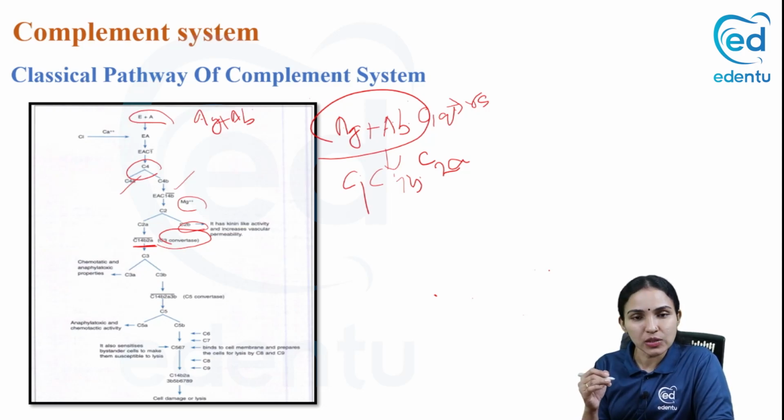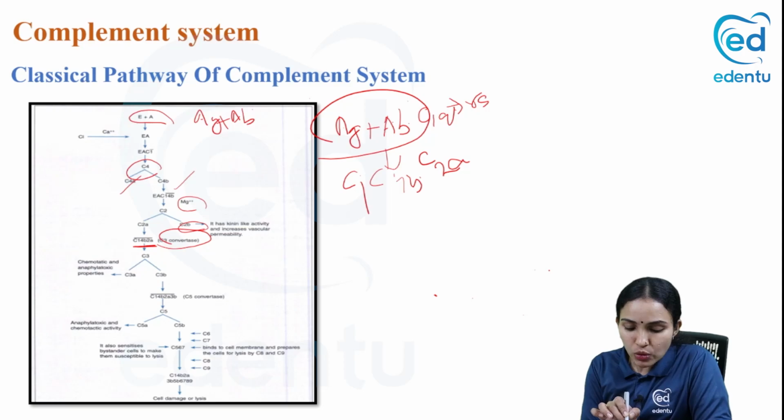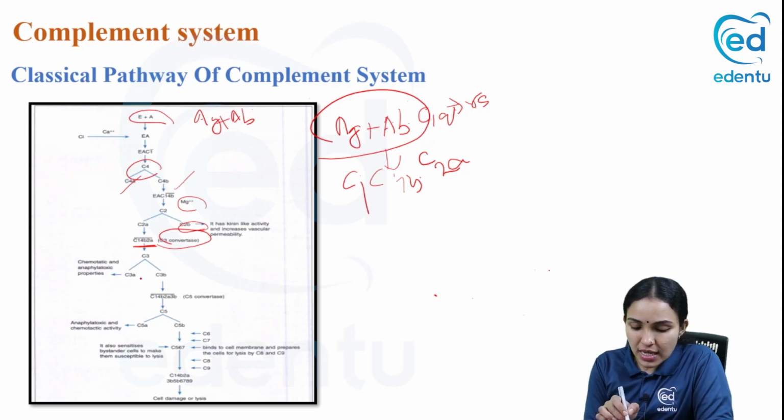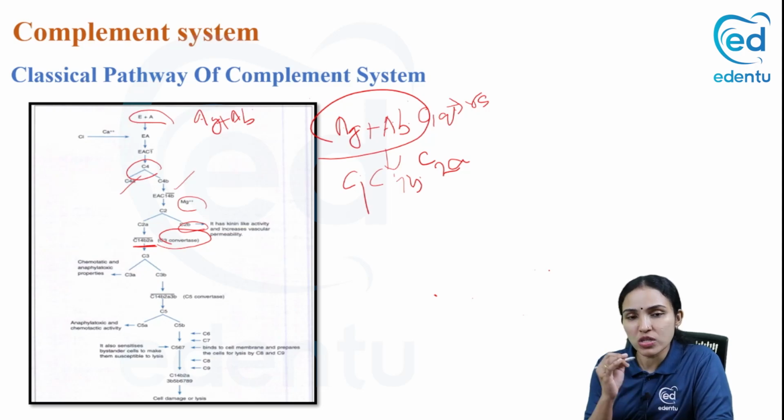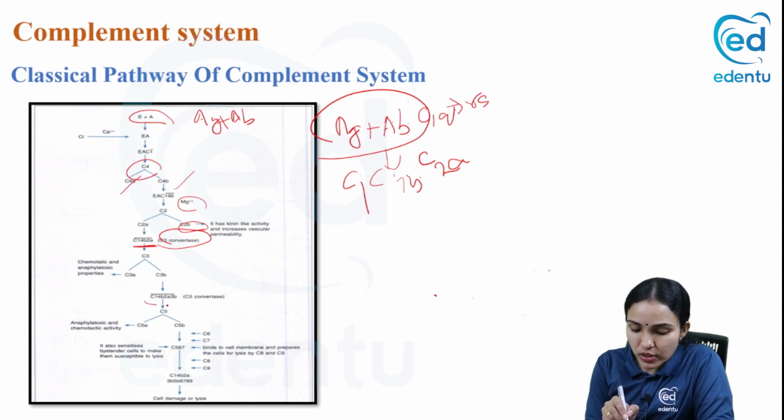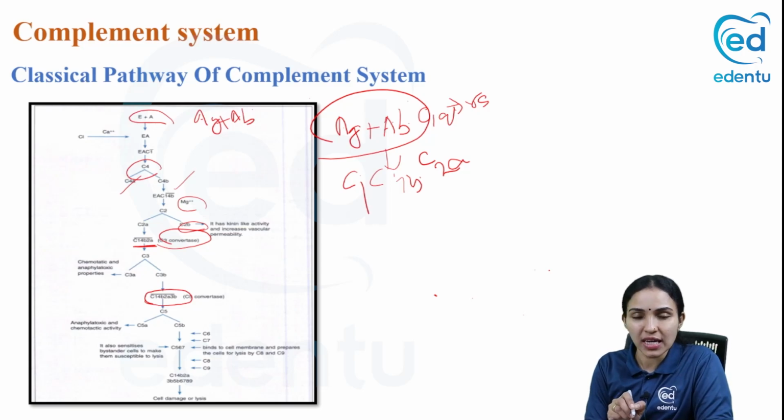So C3 convertase is C1, C4B, C2A. Now this behaves as C3 convertase, and C3 is split into C3A and B. Remember, A is removed, B joins the cascade. So now the cascade becomes C1, 4B, 2A, 3B. 3A has been removed. 3A has anaphylatoxic properties.